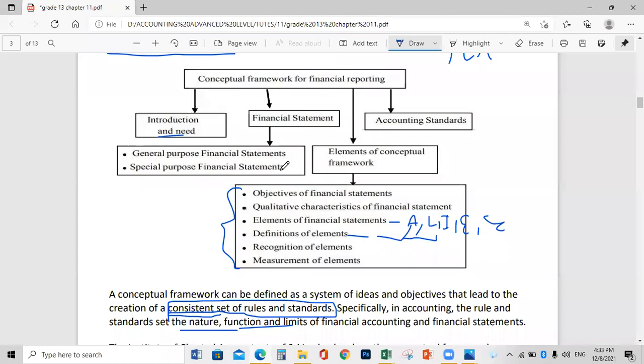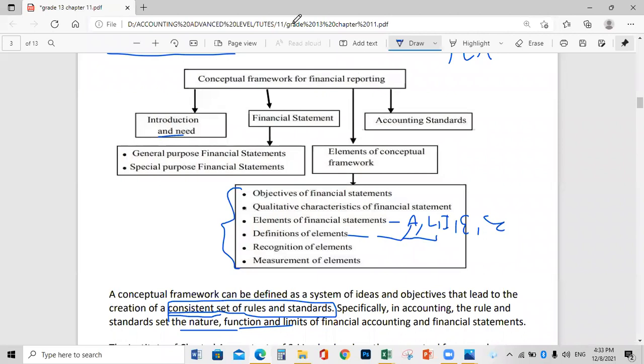You just prepare a common financial statement, which you call general purpose. Examples of general purpose are the statement of profit or loss, financial position, all the 5 components, cash flows, notes. We have studied all these 5 components, and we call them general purpose.